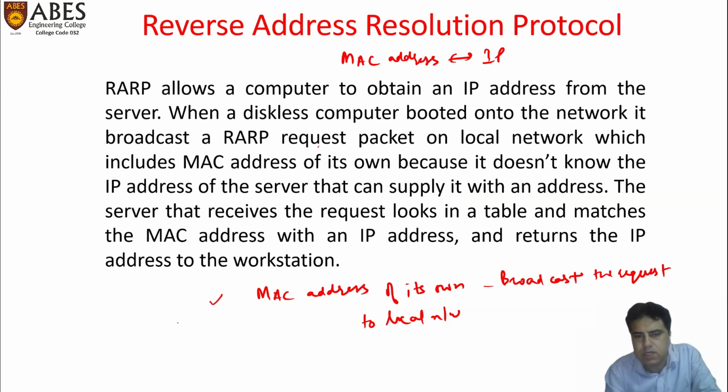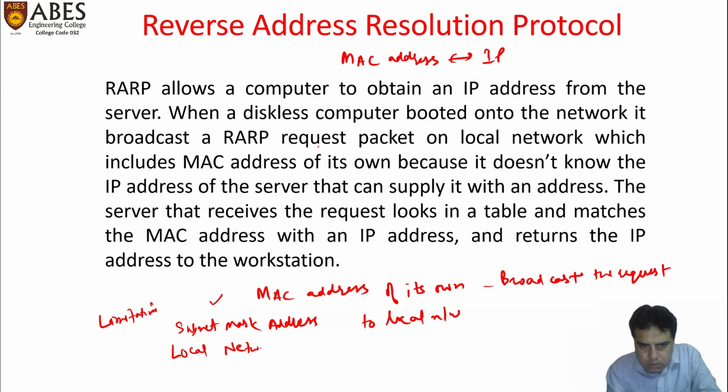But it has some disadvantages: it does not provide the subnet mask, and it finds the IP address only on the local network, not on other networks. So RARP is used in the local network, not in other networks.